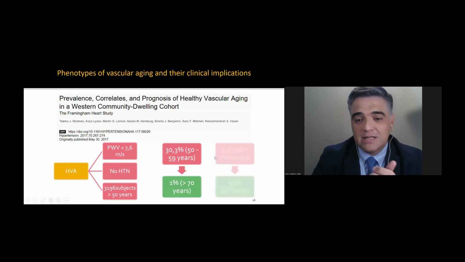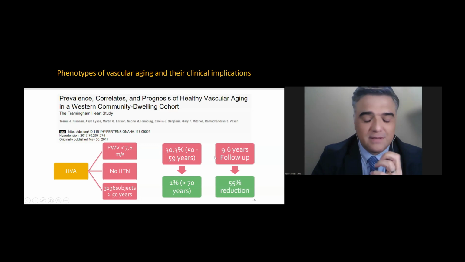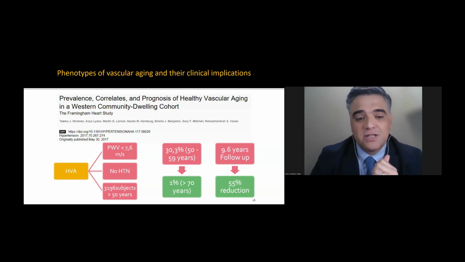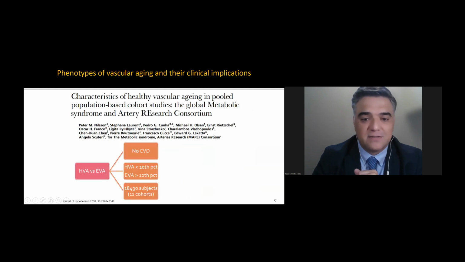But more importantly, if you follow these people for approximately 10 years, you'll see that those that have healthy vascular aging, that preserve their arterial function, when compared to others with more accelerated vascular aging, have a 55% reduction in the risk of developing cardiovascular disease.